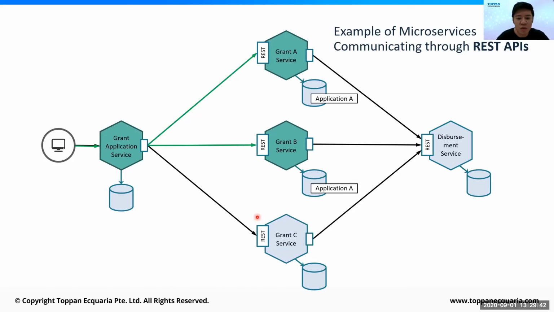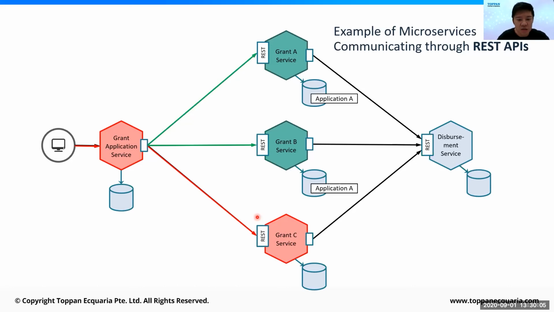However, imagine what will happen if grant C service is down at the point of application submission. The REST nature of being synchronous means it will cause the application to fail. The applicants will encounter errors during their application submission, causing the whole application to fail.